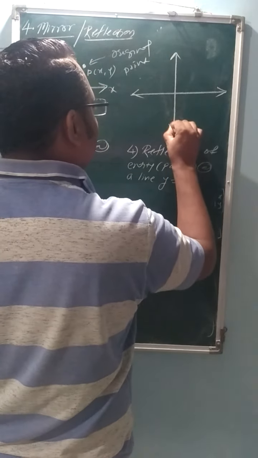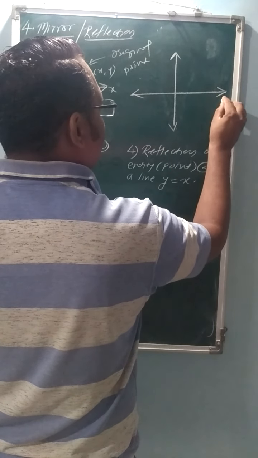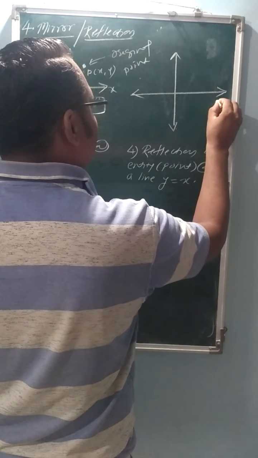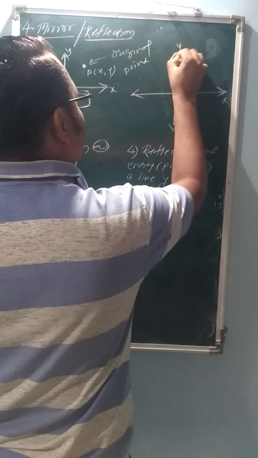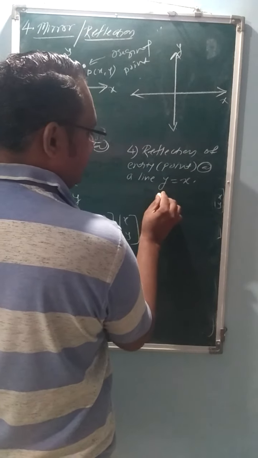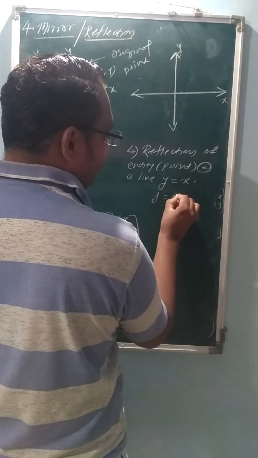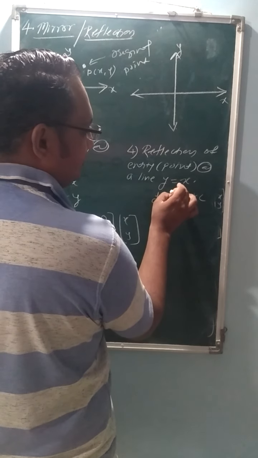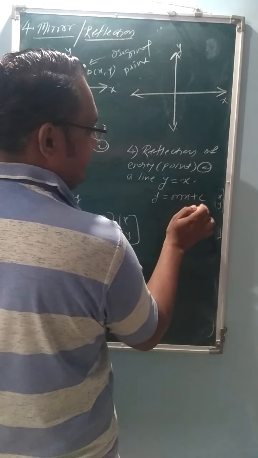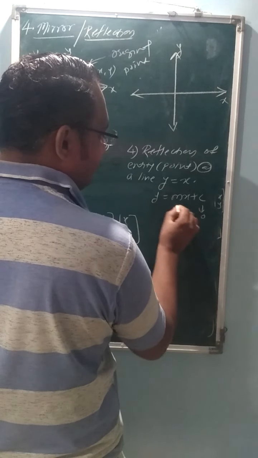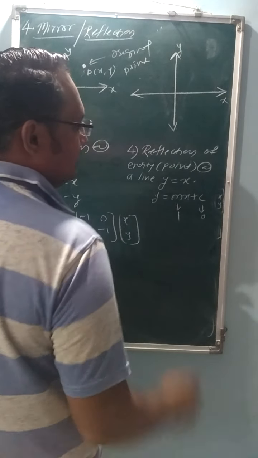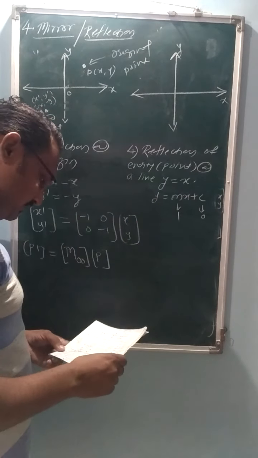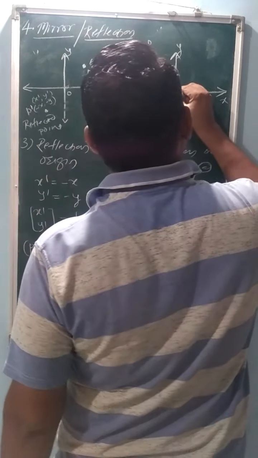Now we know the equation of the line y is equal to x. So this is x-axis, y-axis, and y is equal to x. If we put it in the standard form, here the value of m is 1. Again, c is the y-intercept, which is 0 in this case. That's why y is equal to x is a line passing through the origin.